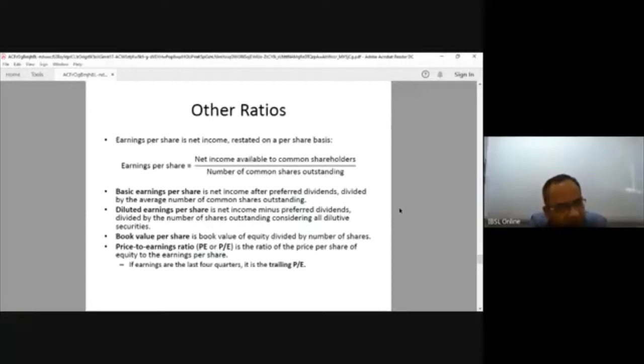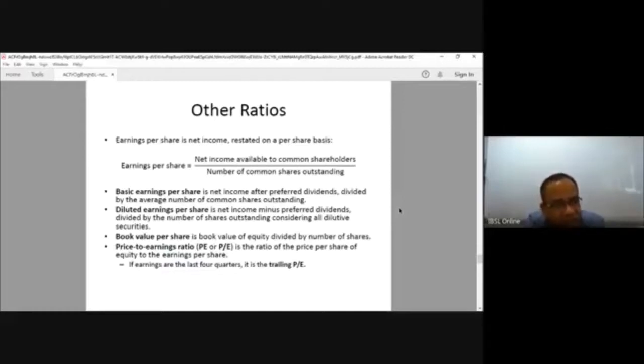Earning per share is a very important indicator. Let us say a company, even your bank or your finance company: what is your company's earning per share for 2020?